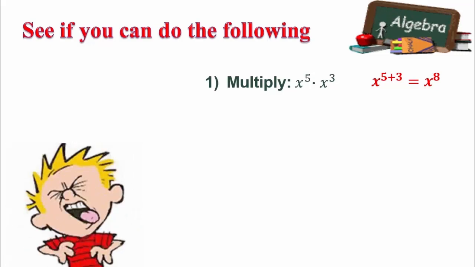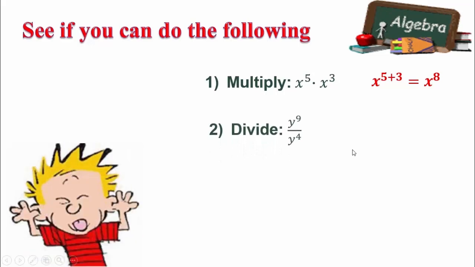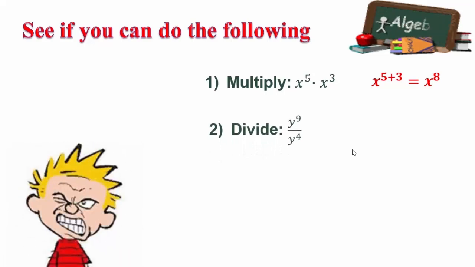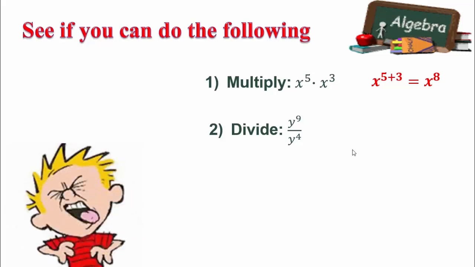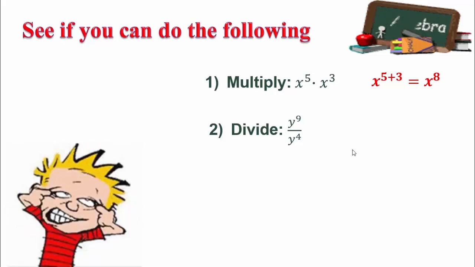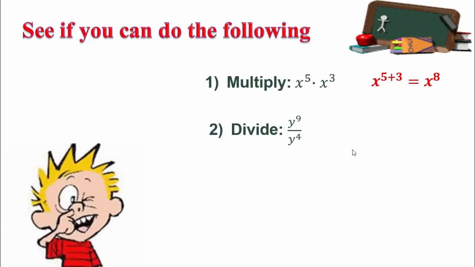Now see if you have learned or remember how to do division. If we divide y to the ninth by y to the fourth, just see if you can do it or remember how to do it.